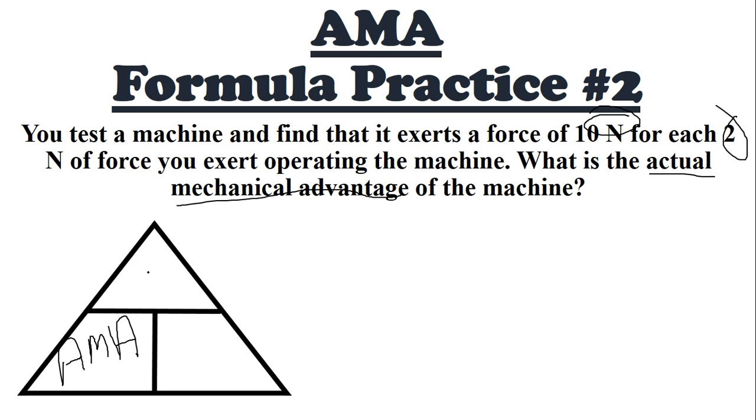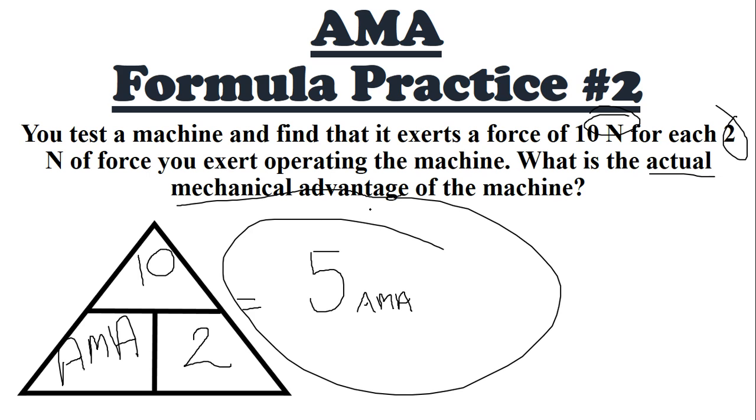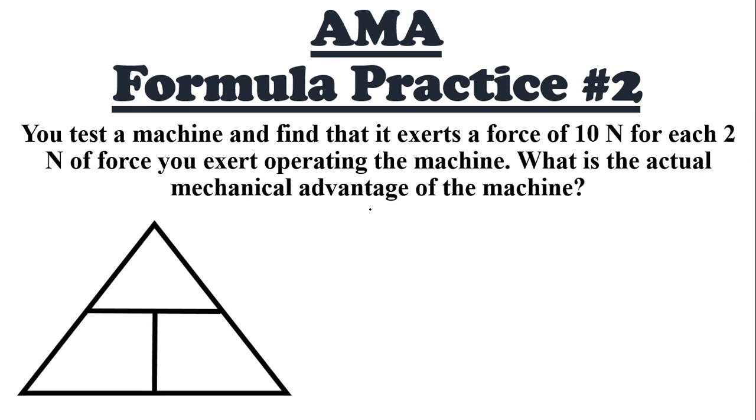And if you read this right, the machine does 10 newtons of force. The bottom here is the input force, and that is what you do, and that is 2 newtons of force. So numbers on top of each other, you divide, you get 5. If you want to write AMA after it, just so you know what that number represents, that's what you got.